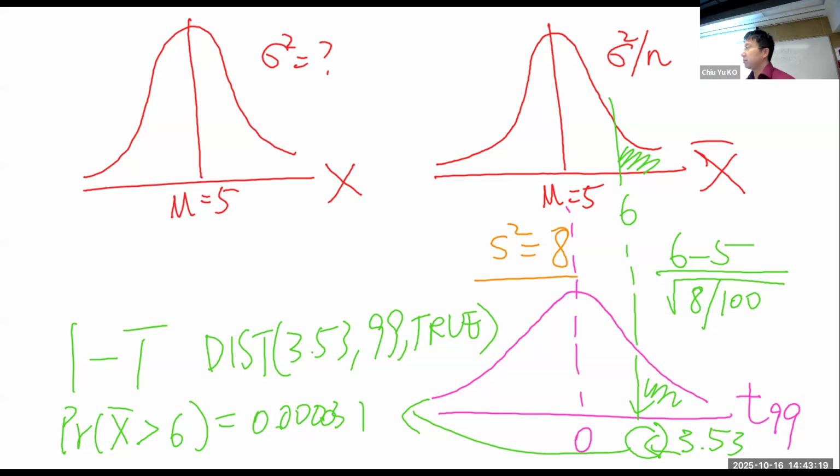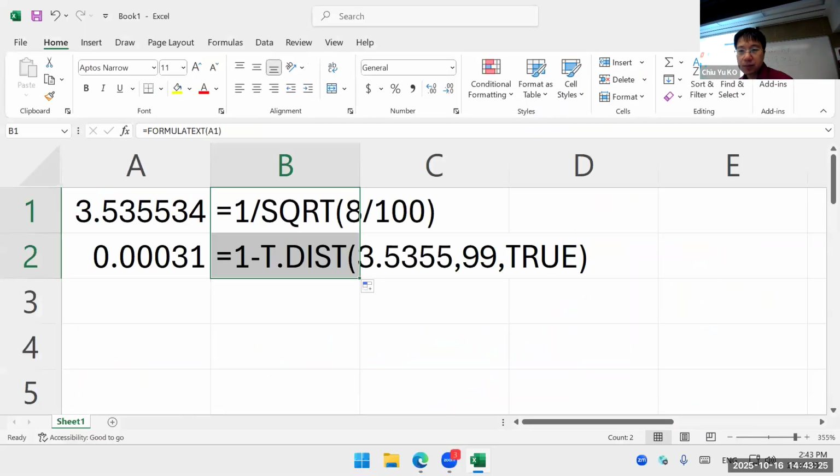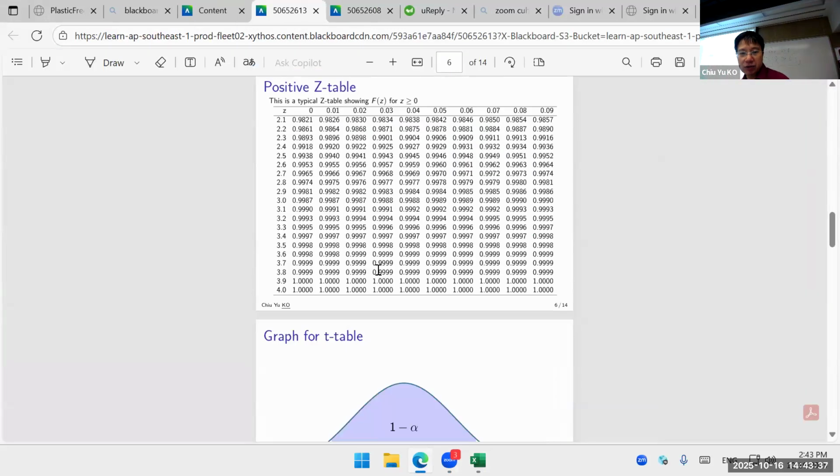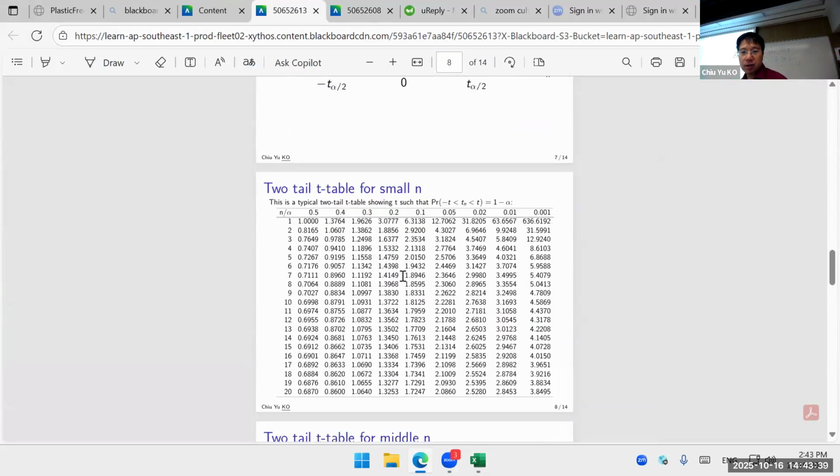But let me show you. So I think this is a good question. So let me show it to you. Oh, someone say something. No one say anything. So suppose the table we have is the T table like this. Okay.